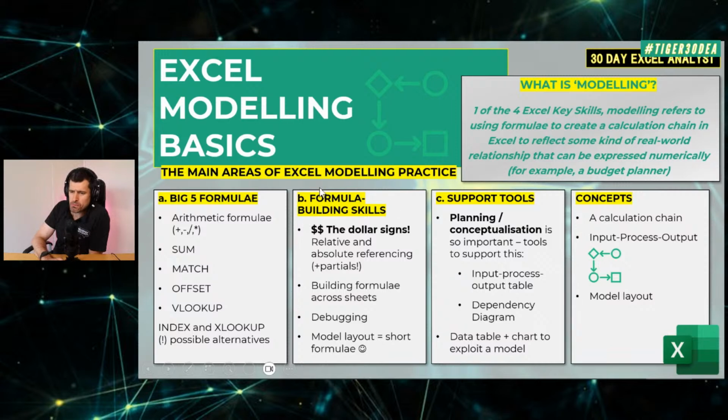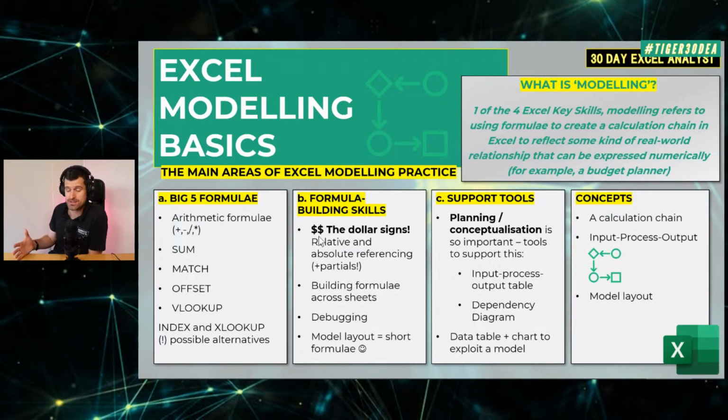So to build Excel models, you're going to need solid formula building skills. Yes, Excel is a skill, and we view it as a skill on 30-day Excel Analyst. So what does that mean? Formula building skills means understanding the role of those dollar signs. If we put the dollar signs in, it's going to fix a reference to a cell. So wherever that formula goes, if we're dragging that formula down, copying it somewhere else, it's still going to refer to that cell. That's an example of an absolute reference.